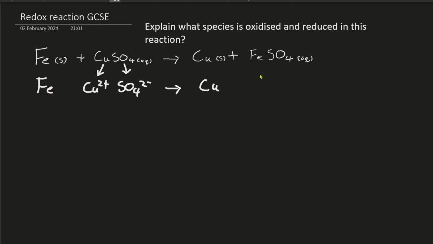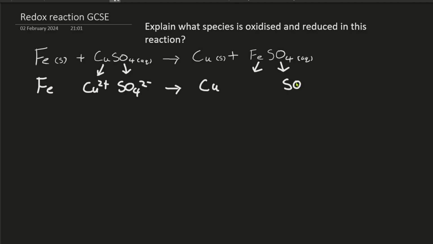FeSO4, however, iron sulfate, is going to split, and so we have two ions here. Now there are some ions you need to remember in your GCSE. Sulfate is one of them. We don't know what iron is because it's a transition metal, so it can have variable oxidation states. So let's use something that's more permanent, which is the sulfate ion.